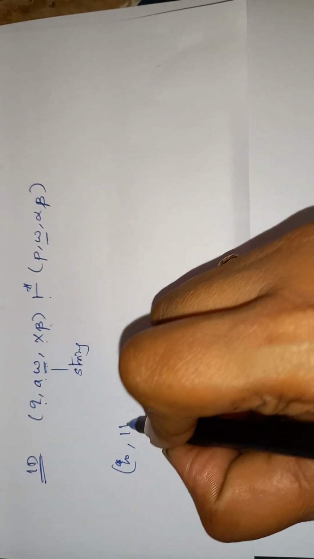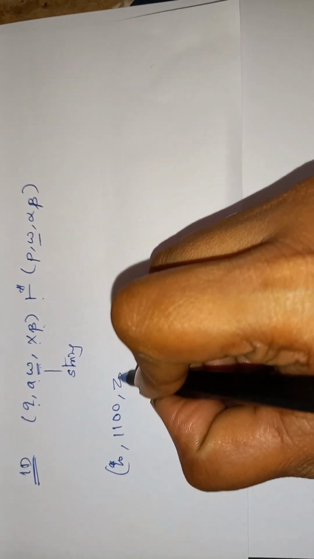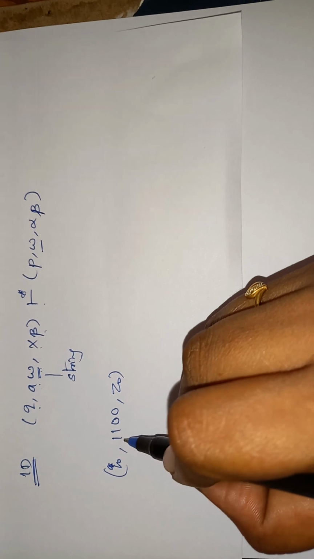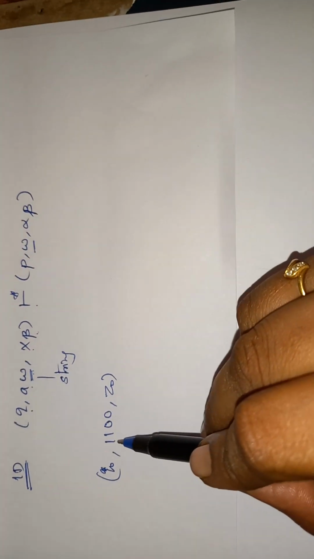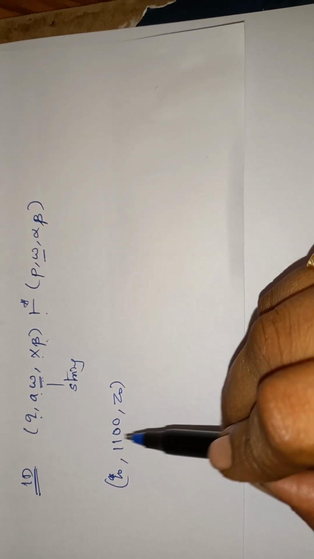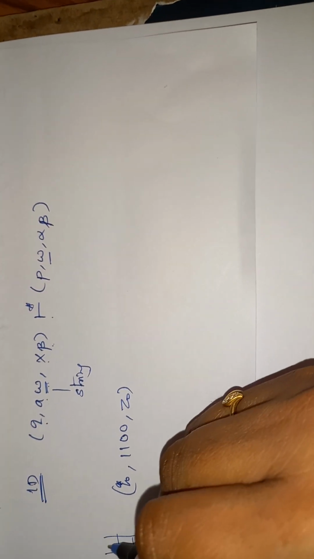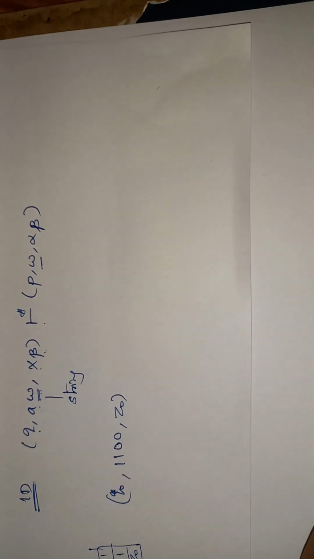Q0, 1100, Z0. Say this push down automata is for checking whether an equal number of ones and zeros are present. So what will be the condition here? When it is reading ones, they should be pushed into the stack, with Z0 at the bottom. When it is reading 1, it should be pushed into the stack, right?